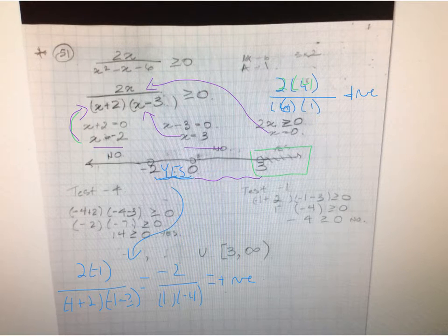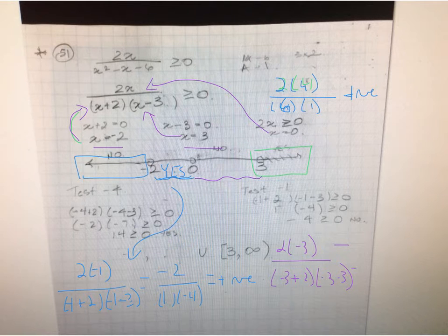When you're testing down here for values that are less than -2, so for instance, -3, then we're going to get 2 times -3 over -3 plus 2 and -3 minus 3. So we get a negative on the top and we get 2 negatives on the bottom, so 3 negatives altogether is going to make the answer negative, and we need for the answer to be positive.